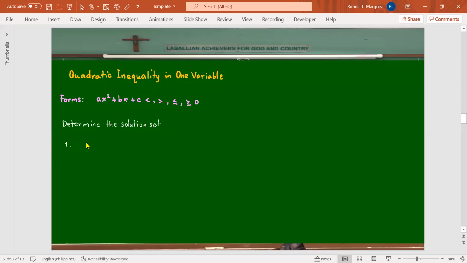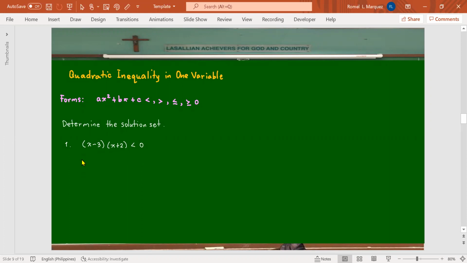So first, let's say you're given (x minus 3)(x plus 2) is less than 0. In this problem, the left side is already in factored form, so we can easily get the critical numbers.